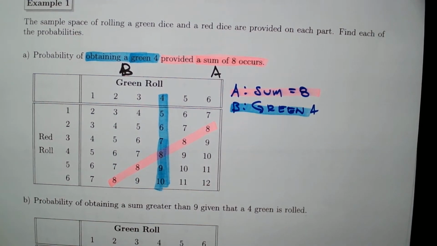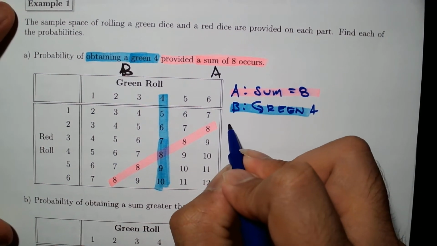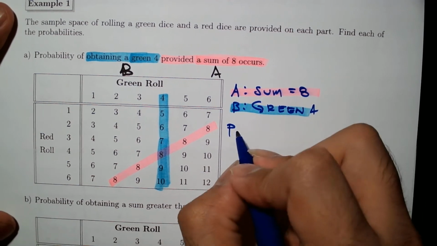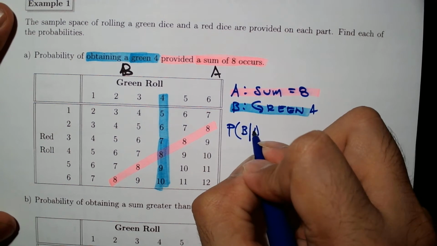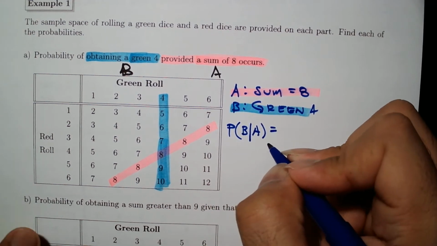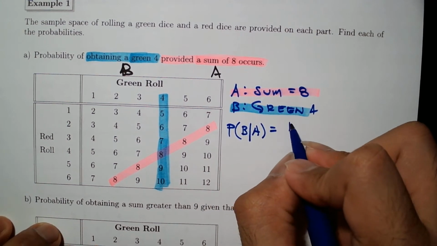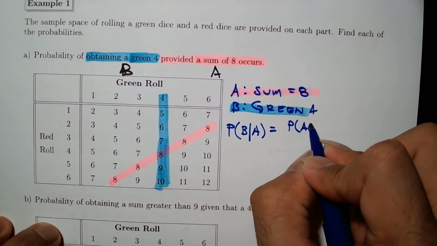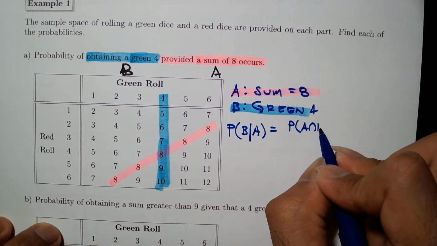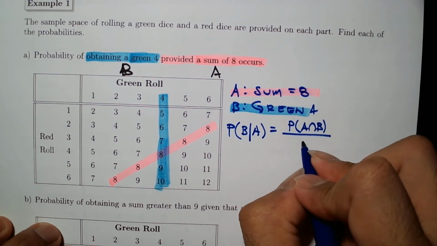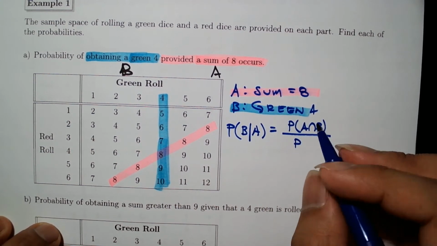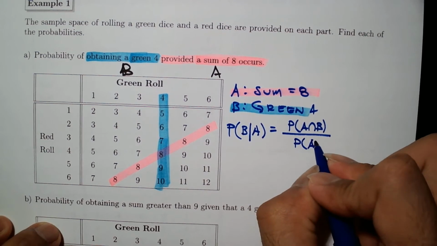Okay, so how are we going to find this probability? Let's write down the formula first. The probability that event B occurs given A occurs is going to be the probability of the intersection, in other words, the overlaps, divided by the probability that the first event occurs.